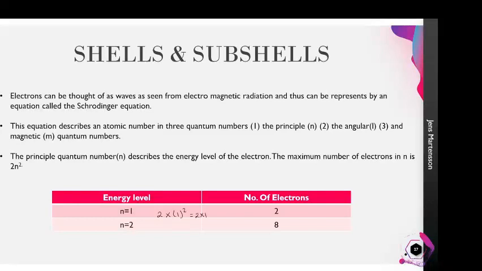So that's our number of electrons. Let's try it for n equals 4. We will have 2 times 4 squared, which equals 2 times 16, which equals 32. So that could be our number of electrons at n equals 4.